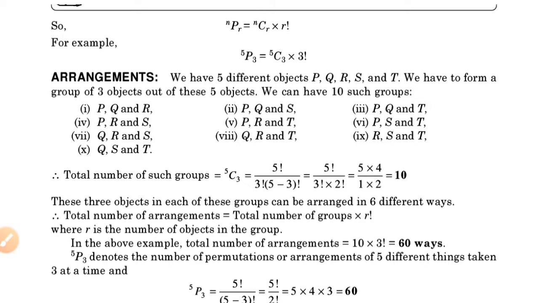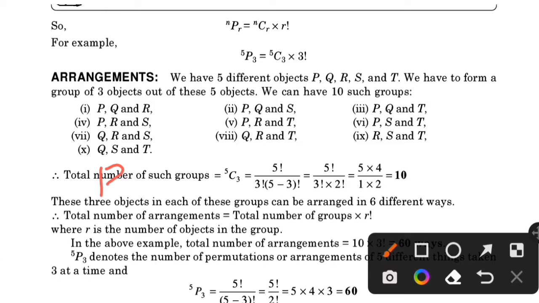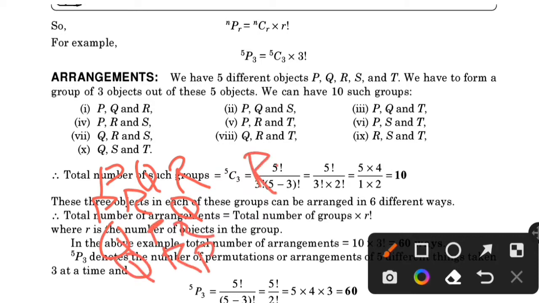If I take PQR, this is written as PQR, PRQ, QPR, QRP, RPQ, and RQP. So each of these three objects can be ordered in 6 different ways.